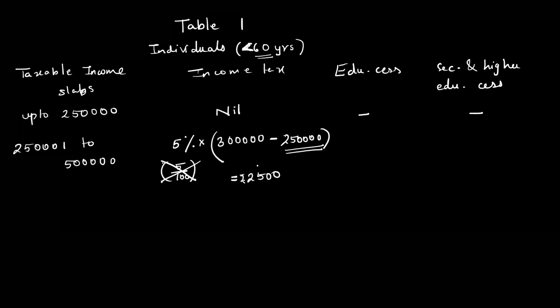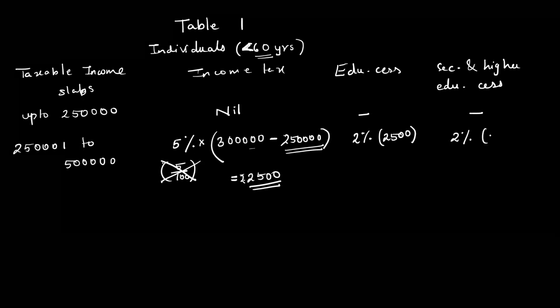So they're telling us here the education cess will be 2% of income tax. 2% means 2 upon 100. Of what? Of your income tax, not your income, not this 3 lakh that you earn, but on the income tax. See, such a small amount. 2% of 2,500 you will have to calculate, and that will give you education cess. Same logic for secondary and higher education cess.